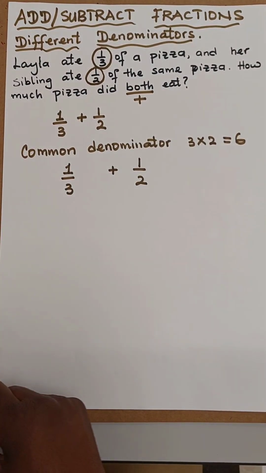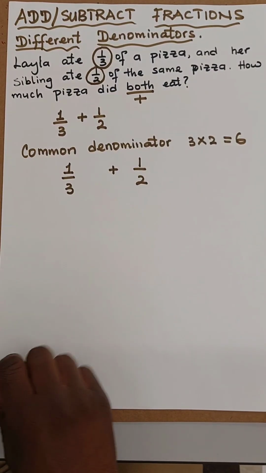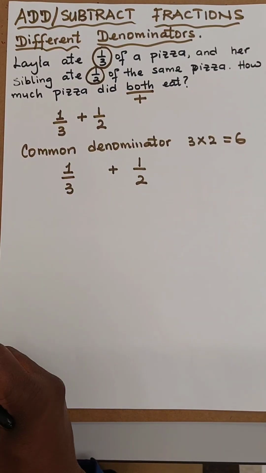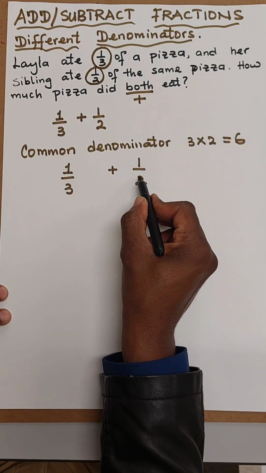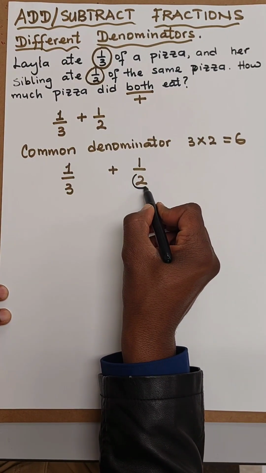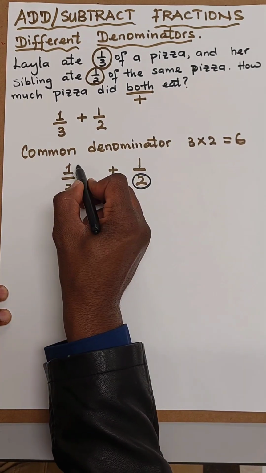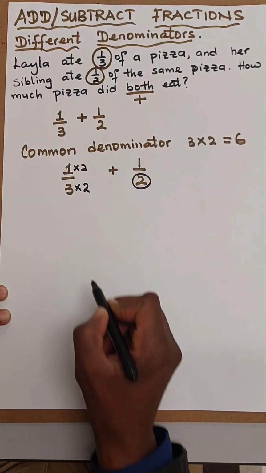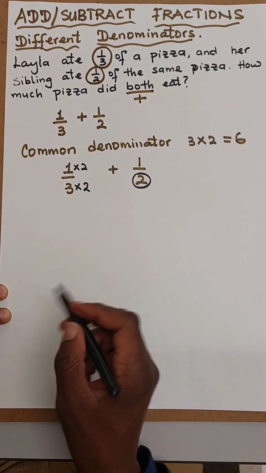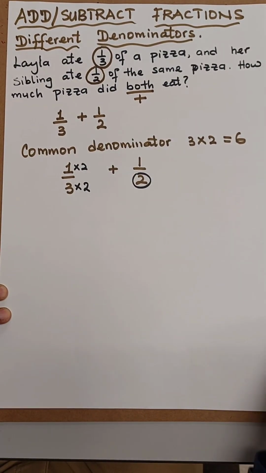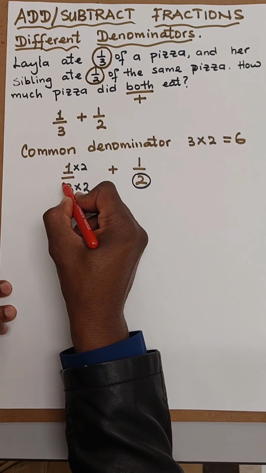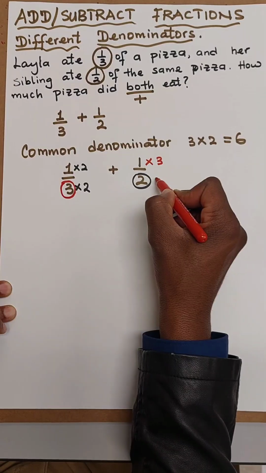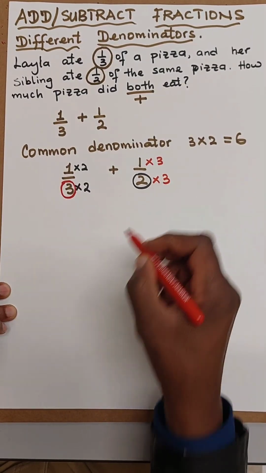We are going to get what we call equivalent fractions that have a denominator of 6. This is how to get the equivalent fraction. We are going to take the denominator of 2 and multiply the numerator by 2 and also multiply the denominator by 2. The same thing, we will take the denominator of 3 and multiply the numerator by 3 and also the denominator by 3.